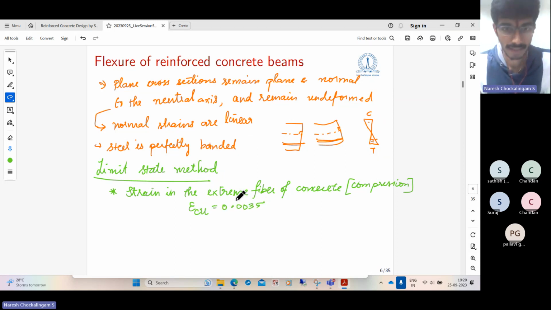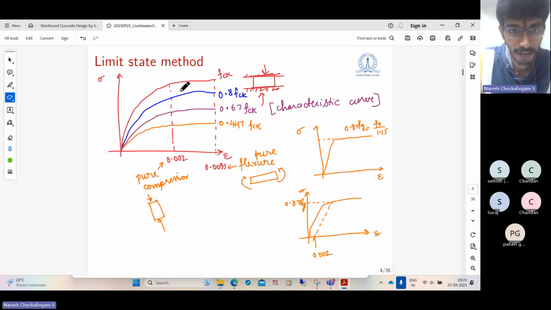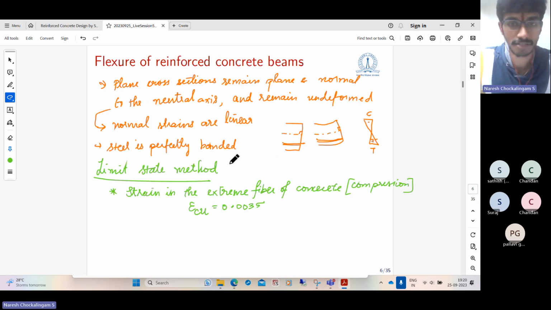Why? Because when the strain in the concrete reaches 0.0035, according to this plot, it fails. That is the crushing strength of concrete under compression. So the factored crushing strain of concrete under flexural compression is taken as 0.0035. This is the ultimate limit state of the beam cross section.